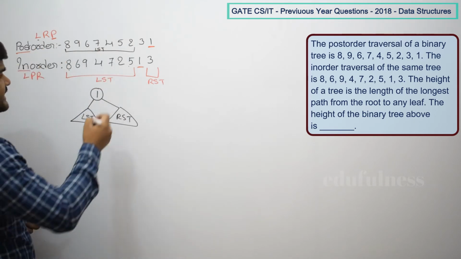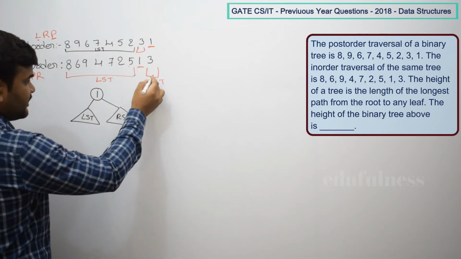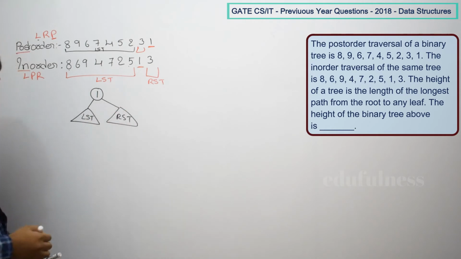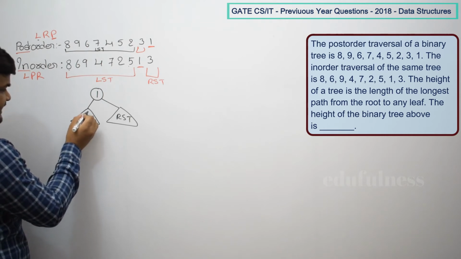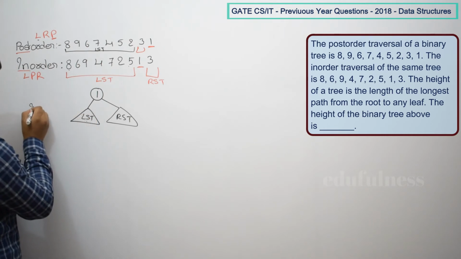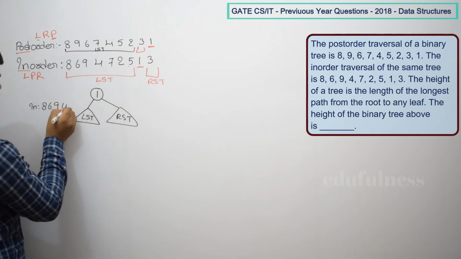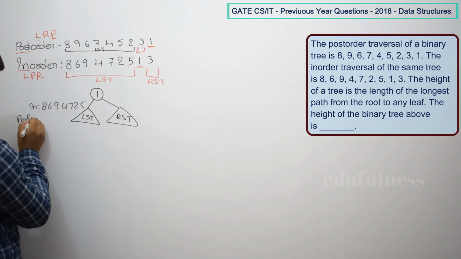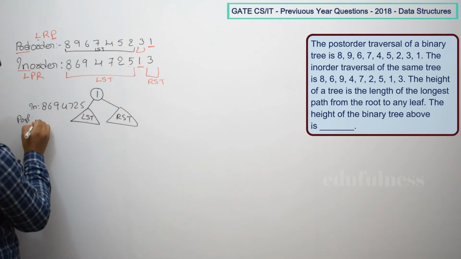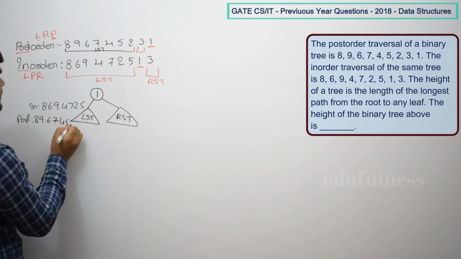Now this will become the right subtree. Since we have only one node, that will become the right child of 1. That you can take directly. Now, if you take the left subtree, its in order is 8, 6, 9, 4, 7, 2, 5, and its post order is 8, 9, 6, 7, 4, 5, 2.